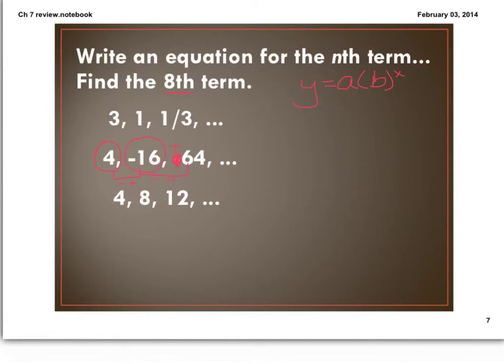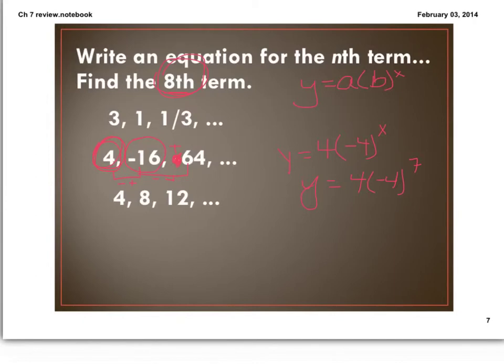So if I wanted to write my equation, it would be y is equal to the first term, which is 4. Multiply that times my common factor, negative 4, and then I'd put that to the x power. If I want to find the eighth term again, I plug in the number 7. So then y would be equal to 4 times negative 4 to the 7th power.